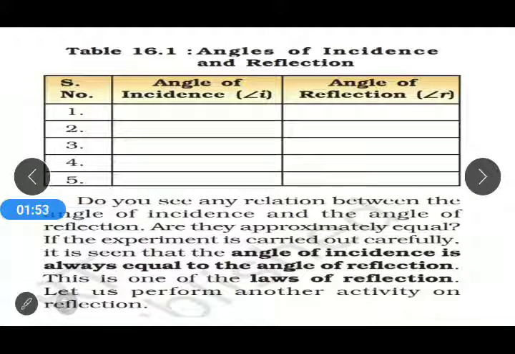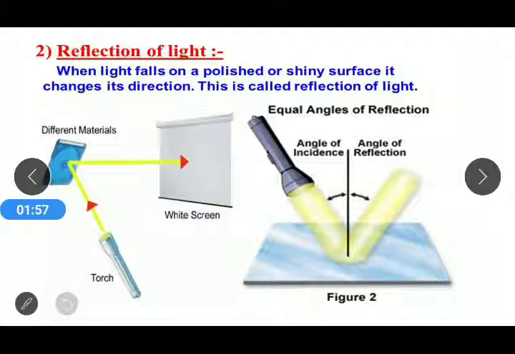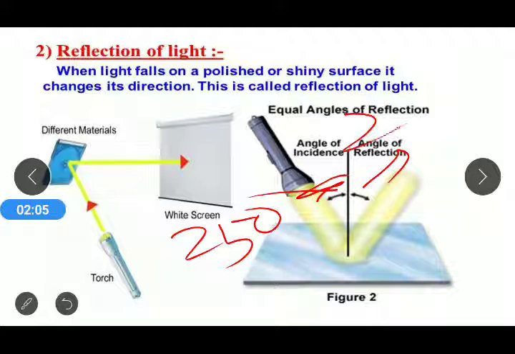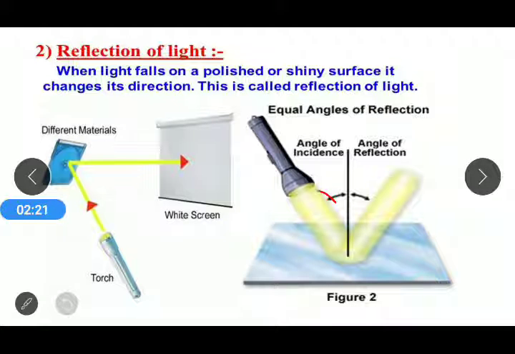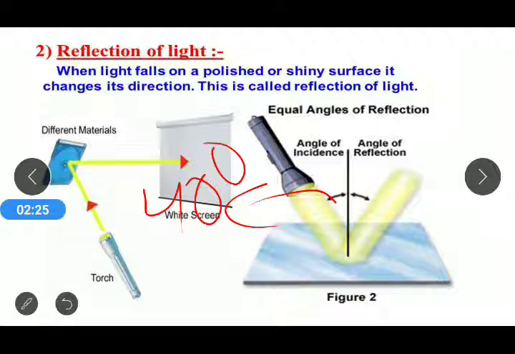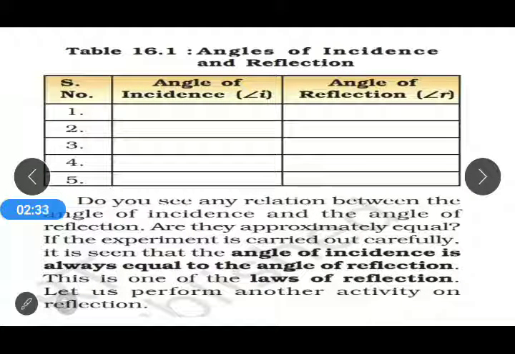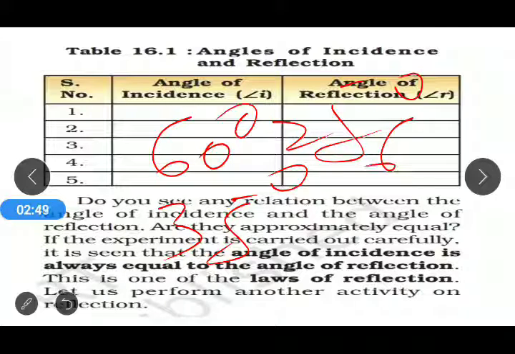If we go through the table, suppose we throw a light at an angle of 25 degrees, then when we measure the angle of reflection, it also gives 25 degrees. If we increase the angle of incidence to 40 degrees, then the angle of reflection is also 40 degrees. From this activity we come to know that for any angle of incidence between 0 and 90 degrees, be it 60, 35 or 25 degrees, the angle of incidence equals the angle of reflection.